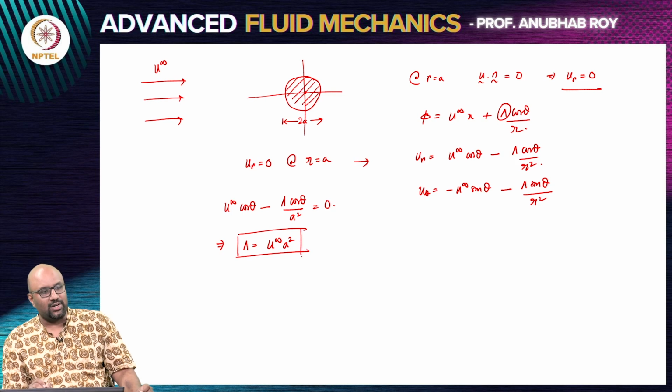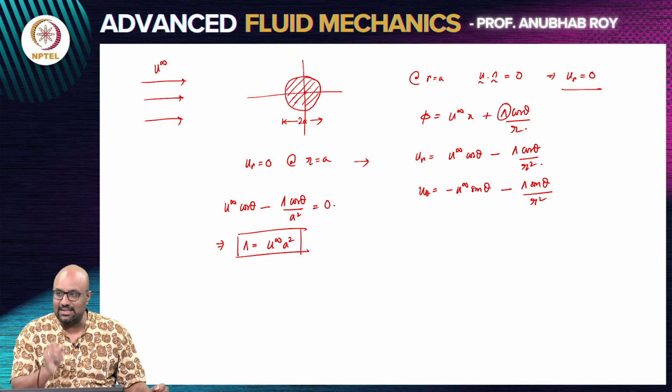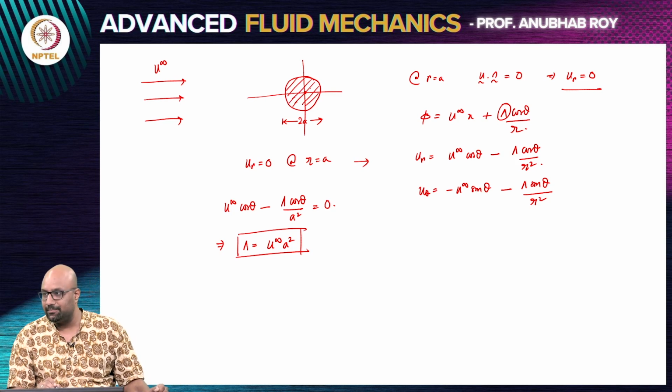So, the dipole strength, which was arbitrary or unknown to begin with in the calculation, now gets fixed because we want the radial velocity to vanish exactly at r equals a.